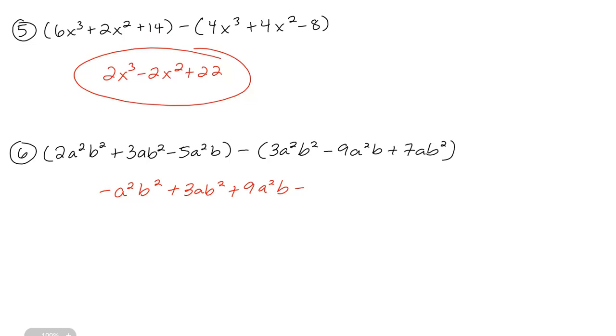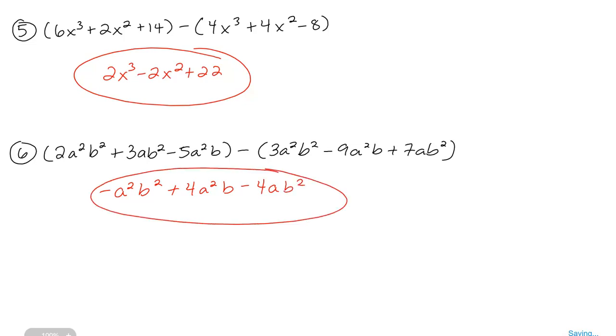I was not reading my like terms very correctly, so we do have to be careful about that. So I should have 4a squared b and then negative 4ab squared. Okay, all right, so just finish up those questions.